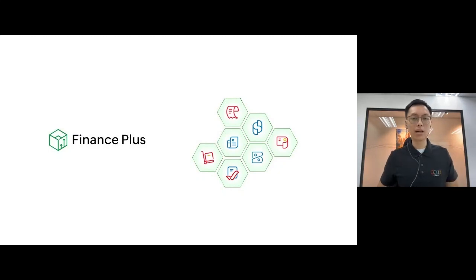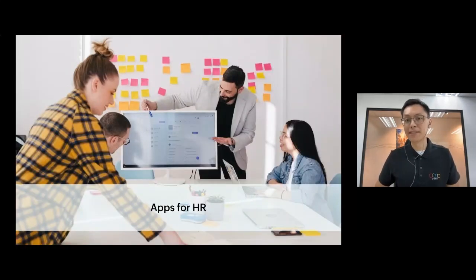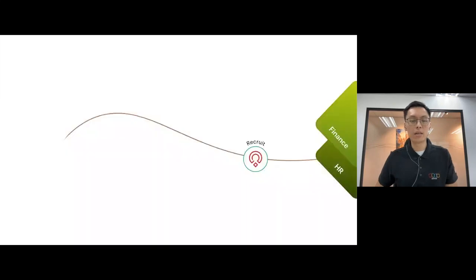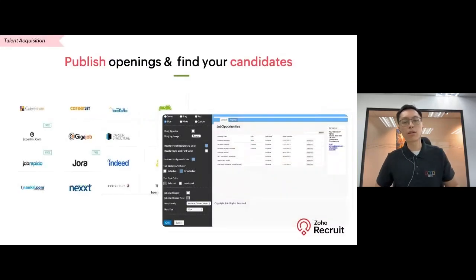So, of course, with some money coming in, it's time to hire, right? And we've got an applicant tracking tool called Zoho Recruit, and essentially what you get from this is you get to connect with all these different job portals like Monster, Indeed.com, CareerJet, where you get to push out your job opening.